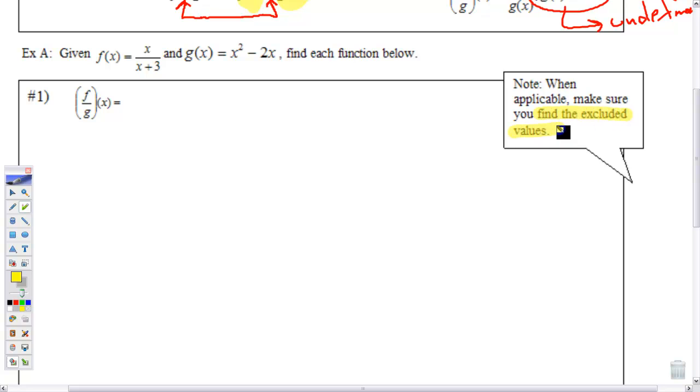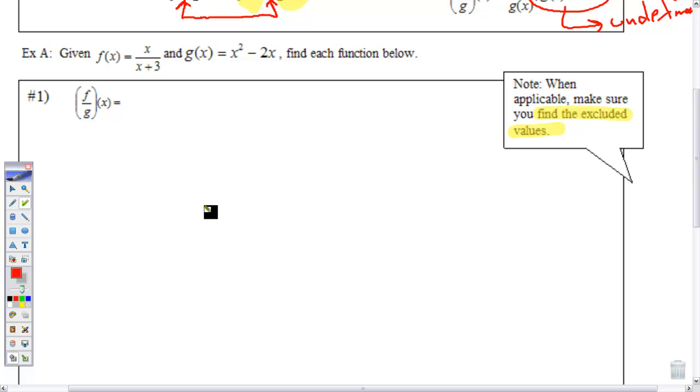Recall that excluded values can be found if you have a fraction and a variable is on the bottom of that fraction. Can also be found if you have an even root radical and there's a variable inside of it. You can find the excluded values at any point in the problem. You just have to remember to do it. So I'll probably stop at some point and tell you the best time to do it.